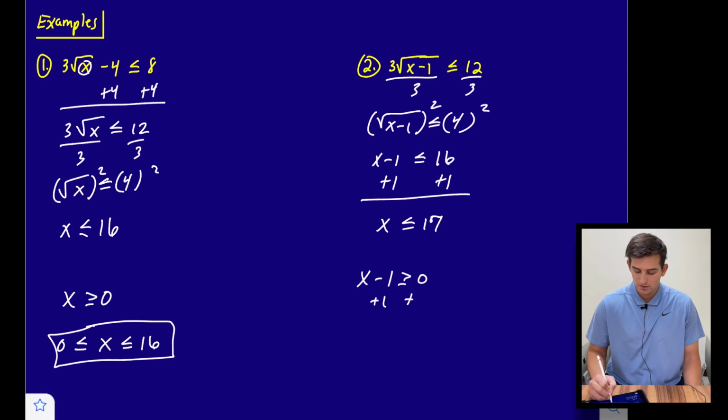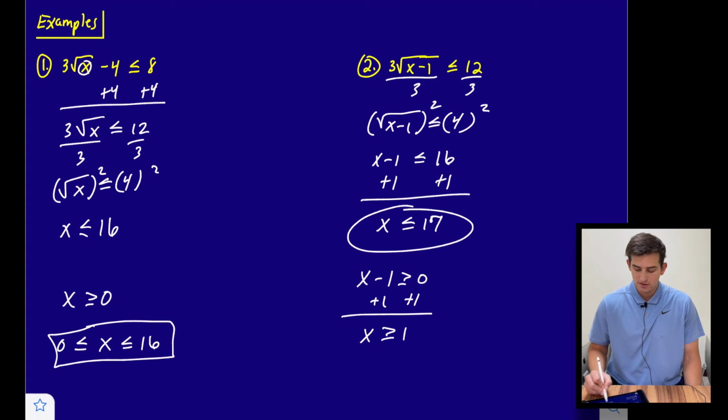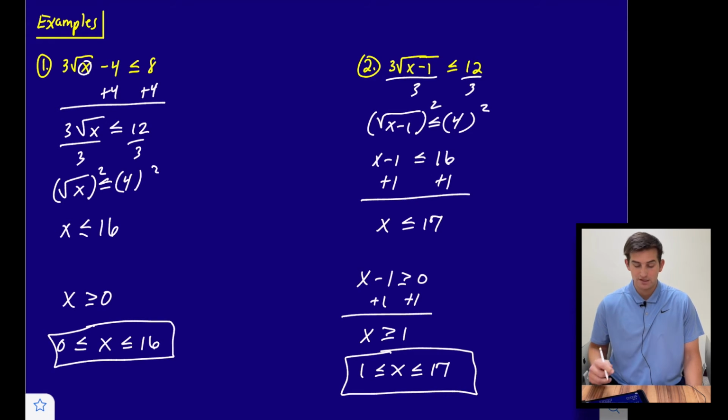So we add 1 and we know x has to be greater than or equal to 1. So once again, let's put these 2 radical inequalities together as one compound inequality. So we would say that 1 has to be less than or equal to x, and x has to be less than or equal to 17. So our values for x could be greater than or equal to 1 and less than or equal to 17.